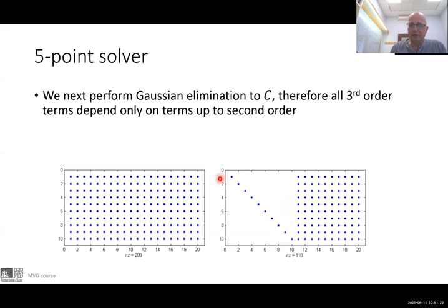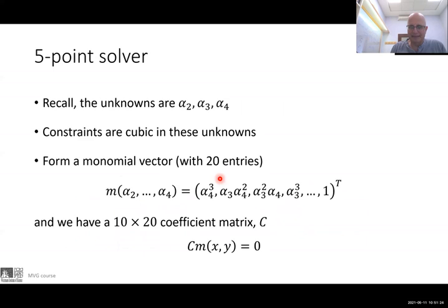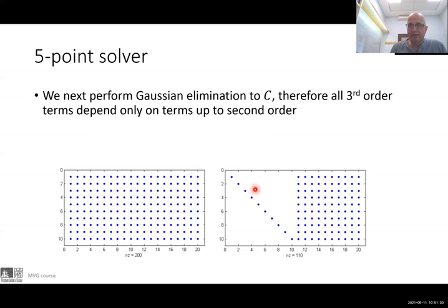Now, the way we order the monomials is that the cubic monomials appear first, and there are 10 of them. This means that every cubic monomial can be replaced by a quadratic polynomial.